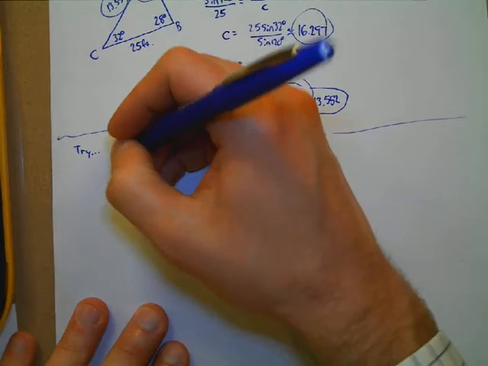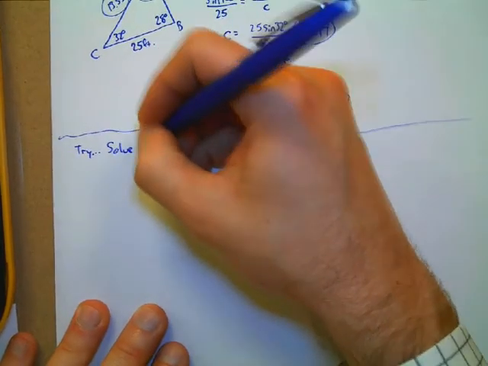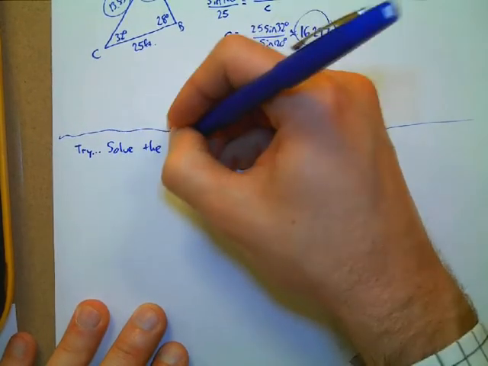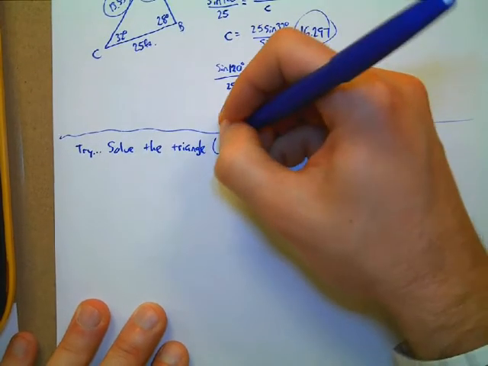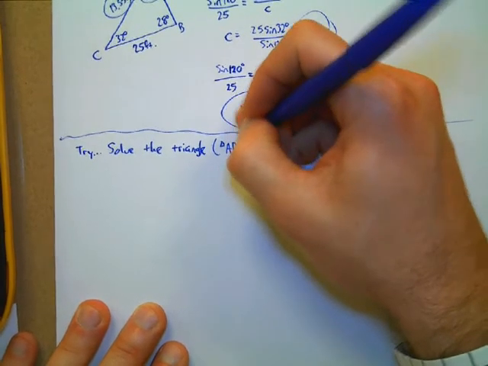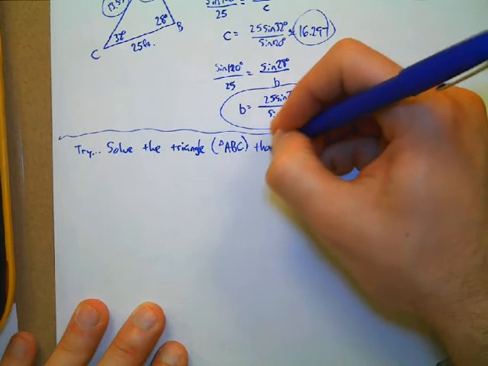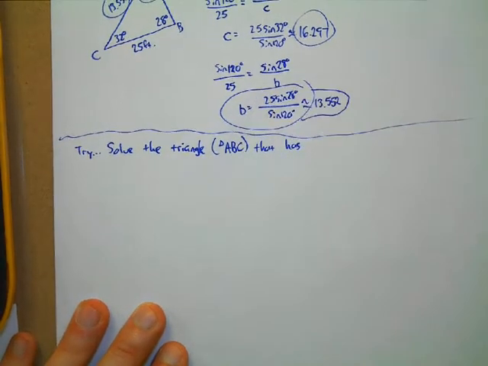Okay, so the measure of angle C we're going to say is 108 degrees. Okay, side C is 56 meters, and side B is 27 meters.